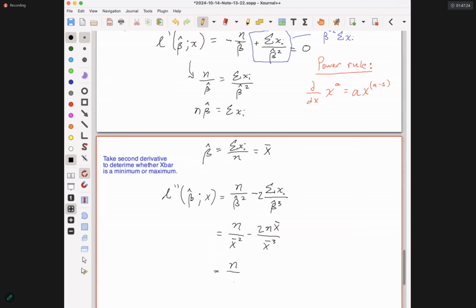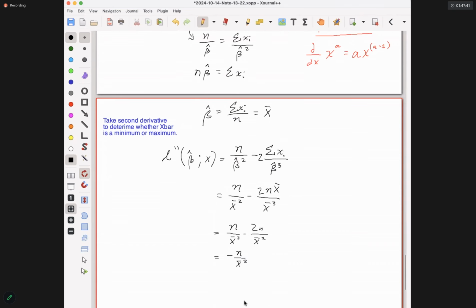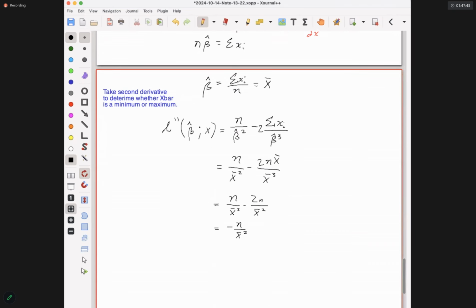This is n over x bar squared minus 2n over x bar squared. And so this is negative n over x bar squared. N is positive, x bar is positive. We have a negative out front, so this is less than 0.